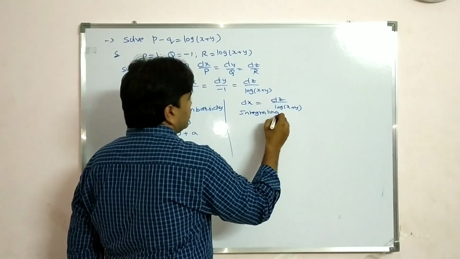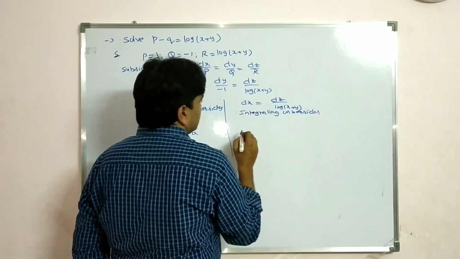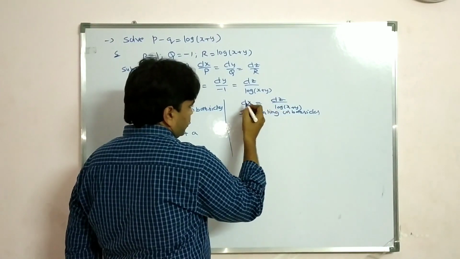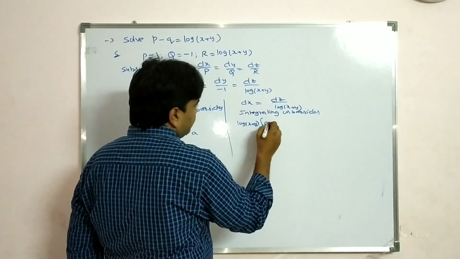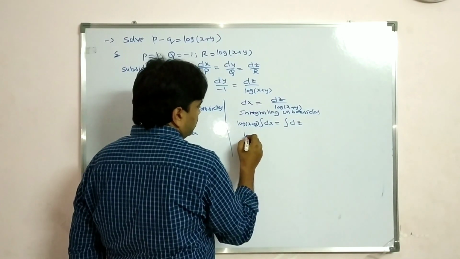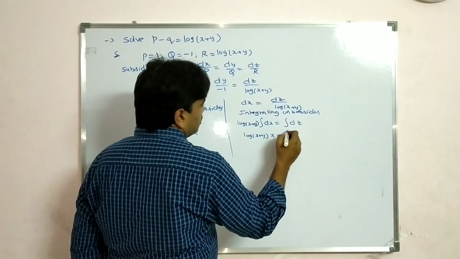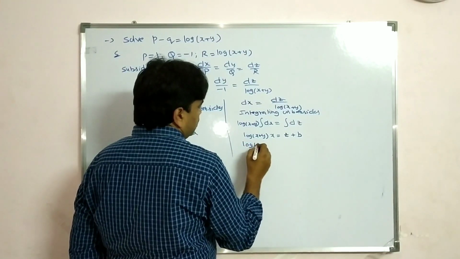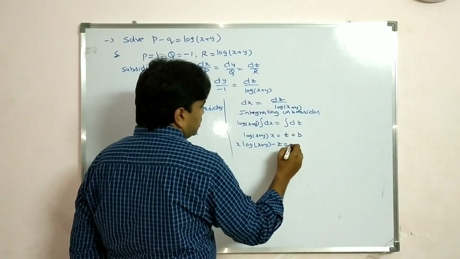Integrating on both sides, now you can cross multiply, students. We get log of x plus y times the integral of dx is equal to the integral of dz. So log of x plus y, the integral of dx is x, is equal to z plus b. So x log of x plus y, transposing z, minus z is equal to b.